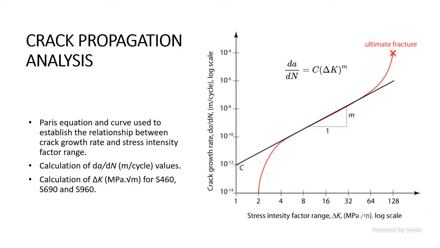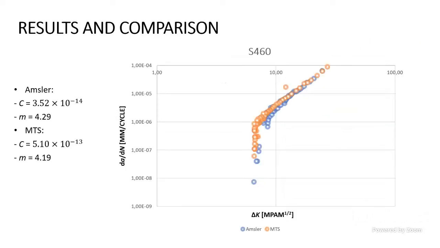Finding the slope, the coefficient of the crack propagation rate, the threshold, as you know, and all that. Finally, looking at our results, we can see that all three grades we have tested always follow the same pattern with both sets of machines.